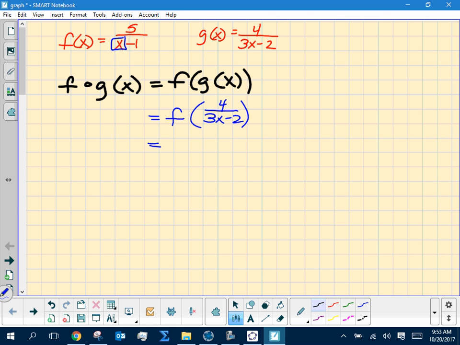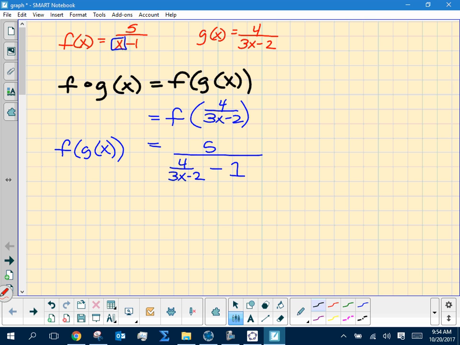In this case, it's nice to only see it once, but however many times I see x, that's how many times I have to plug that in. So the 5 is going to be my numerator, but now that x becomes 4 over 3x minus 2, and that minus 1 still needs to be there. Now it's ugly. We would probably eventually want to simplify this, but I think it's going to be easier for us not to simplify, at least right off the bat. That's f of g of x, what we just found. Let's talk about its domain.